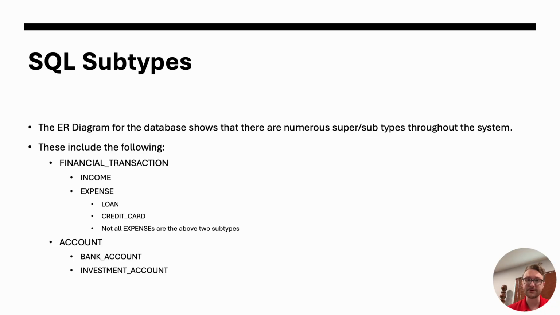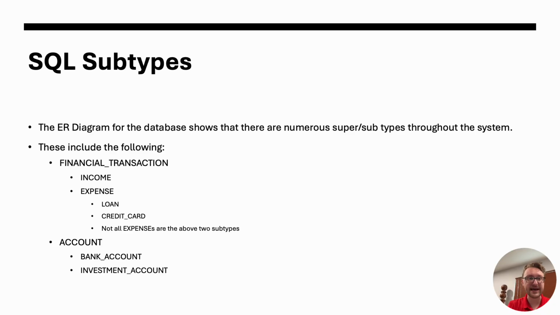But when I first started working on integrating the subtyping in SQL Server, funnily enough, a lot of the references that I was using didn't necessarily have actual physical code for me to look at how to actually implement inheritance inside of SQL Server or any other database for that matter.